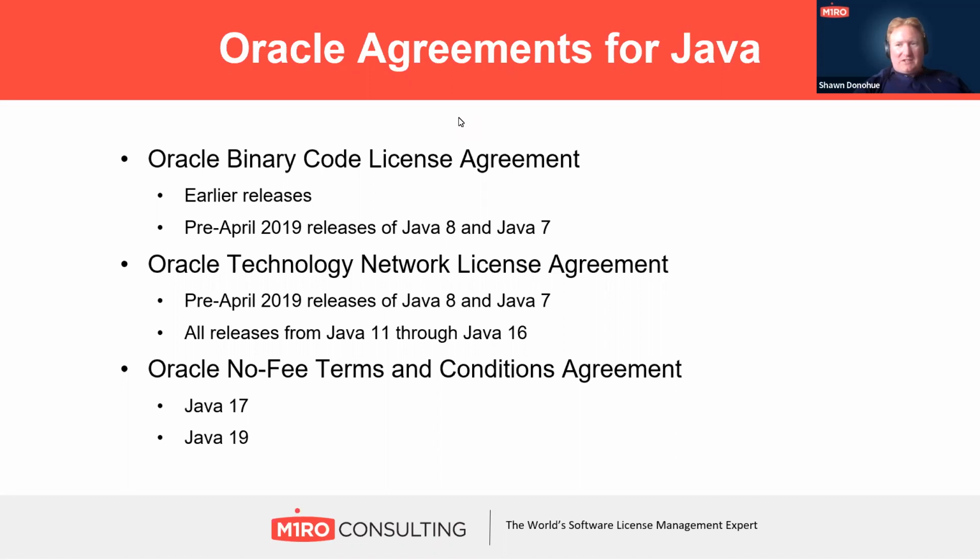And to give you an idea, that has features that'll say things like, Oracle grants you a non-exclusive, non-transferable, limited license without license fees to reproduce and use internally the software complete and unmodified for the sole purpose of running programs. However, the license set forth does not extend to commercial features.